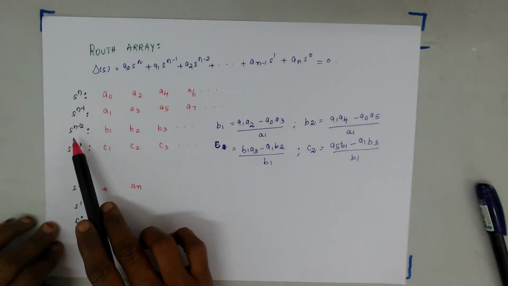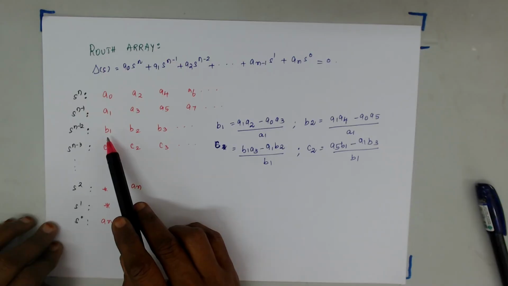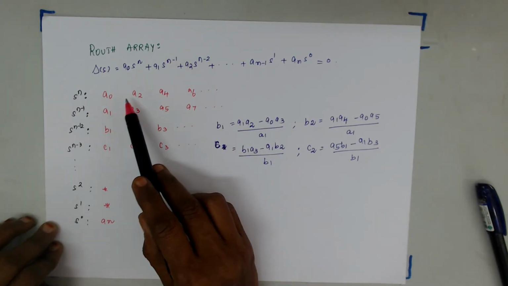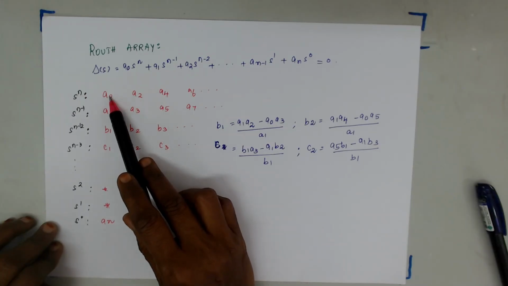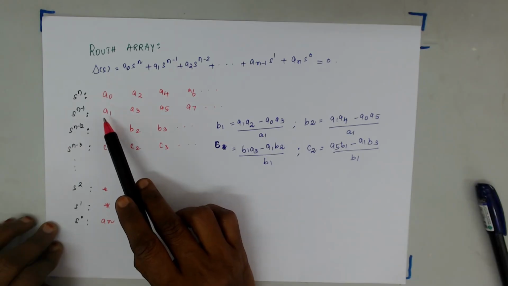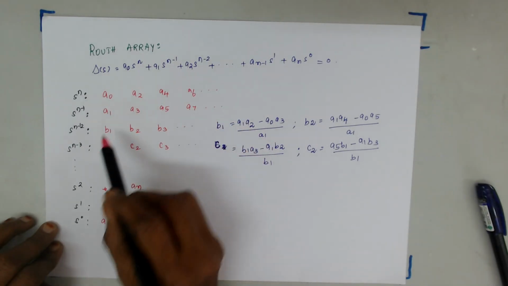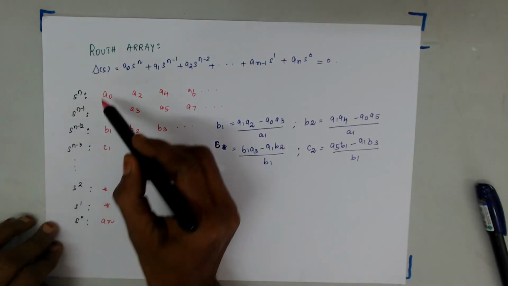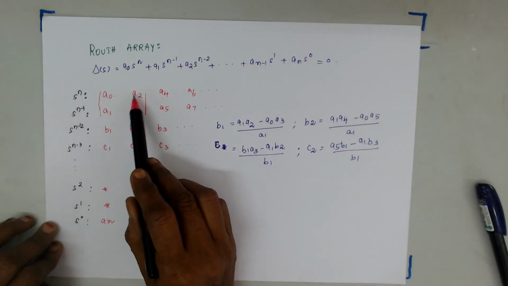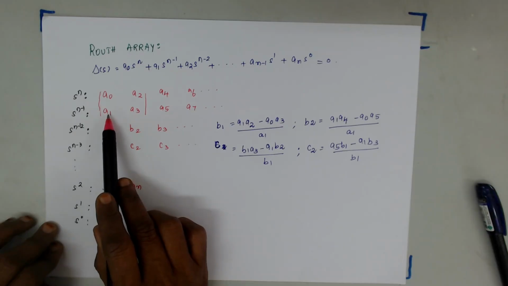Then we need to construct the third row by using this formula. The first coefficient of the third row is written as b1, where b1 is equal to a1 into a2 minus a0 into a3 divided by a1. So it is just a determinant multiplication, taking the columns of the Routh array. Take this first determinant, find the value, that is a1 into a2 minus a0 into a3 divided by a1.